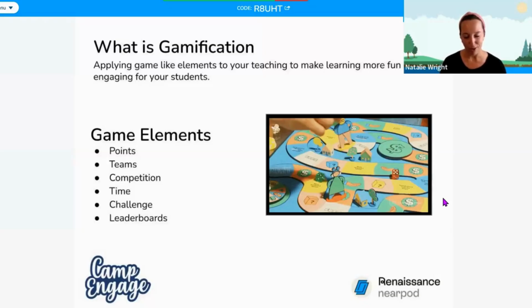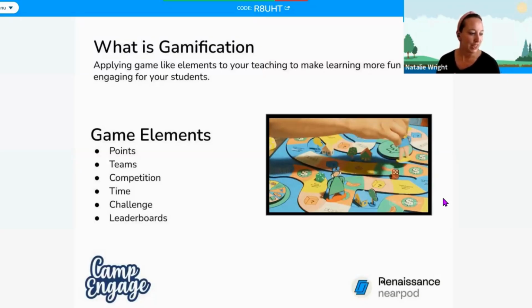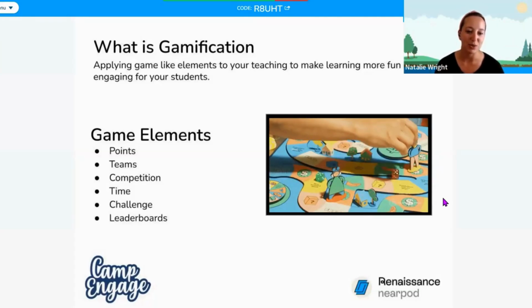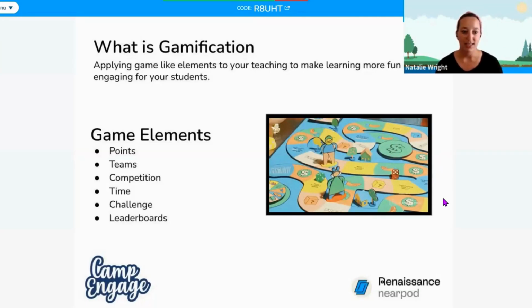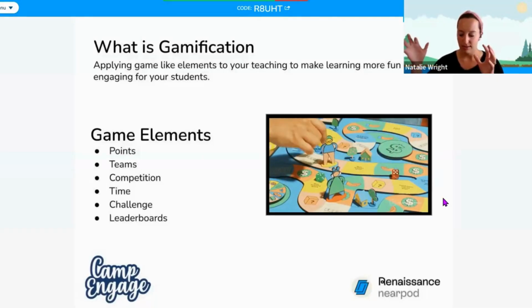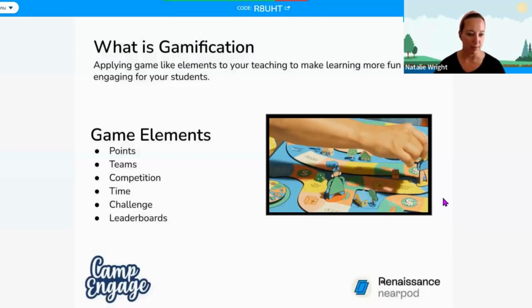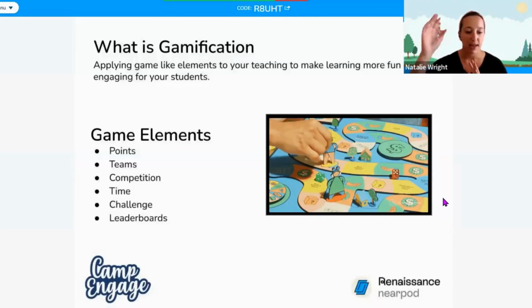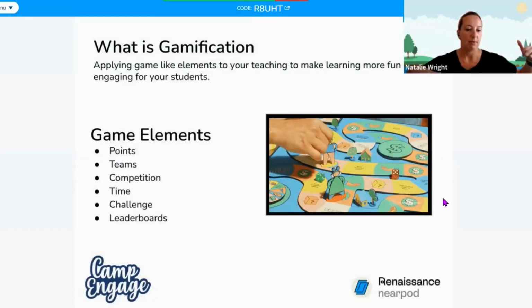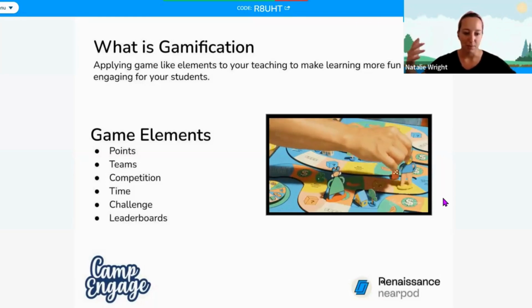Okay, so some game elements that we are going to add into our Nearpod lessons will gamify our Nearpod elements. So we have points, and these game elements are, if you think of a game, Uno, a board game, Jeopardy, these come up. That's what makes them a game.